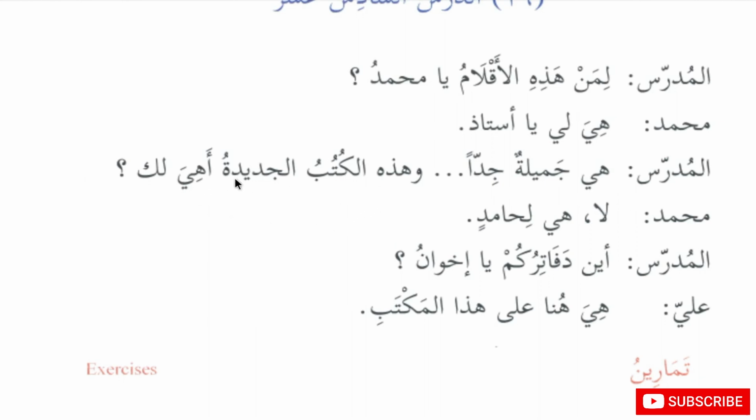And these new books, are they yours? لك, for you, meaning do you own them? Again, جديدة is female singular because the adjective new has to match the grammar state and the gender of the noun that it's describing.